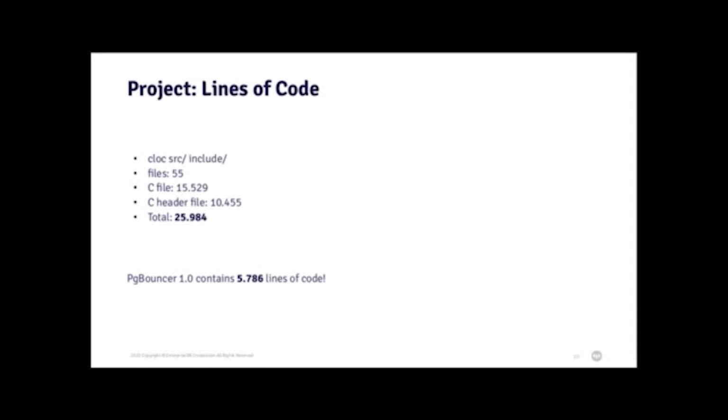So it's not too big, but it has some complexity. And just as an idea, the initial version contains almost 6,000 lines of code. So it means the project grew 4 times.